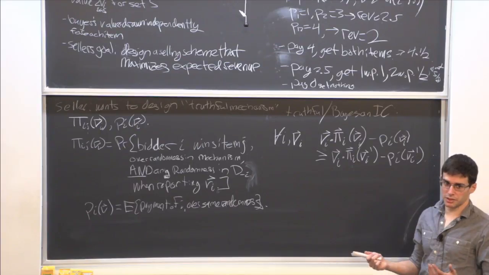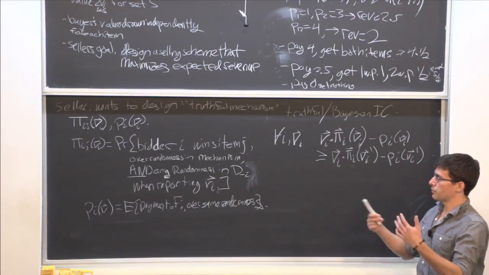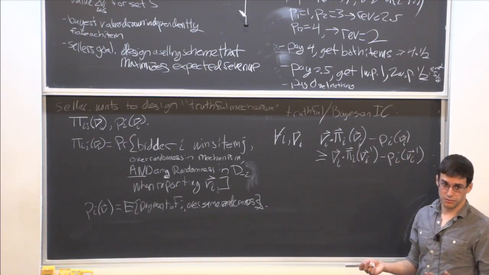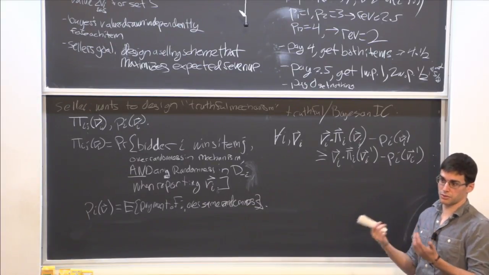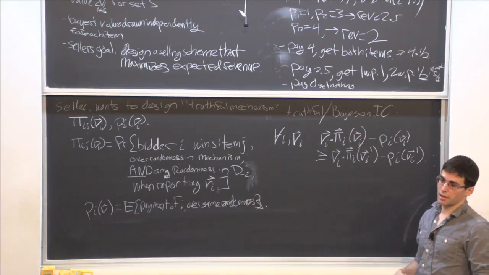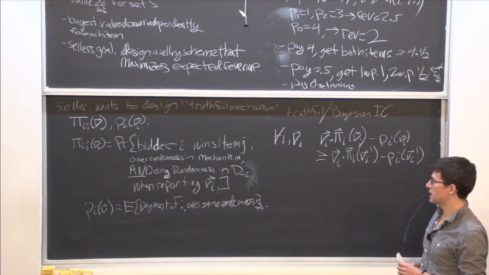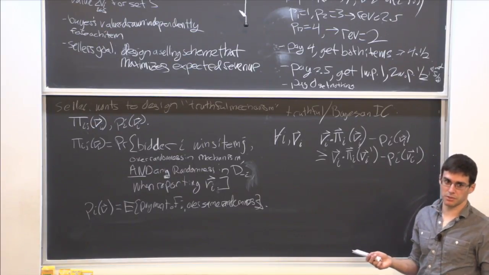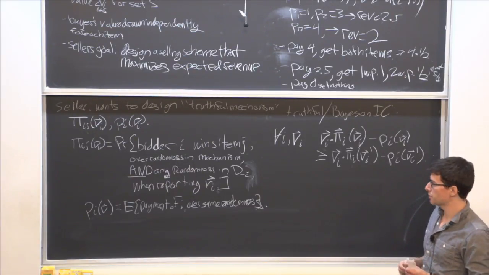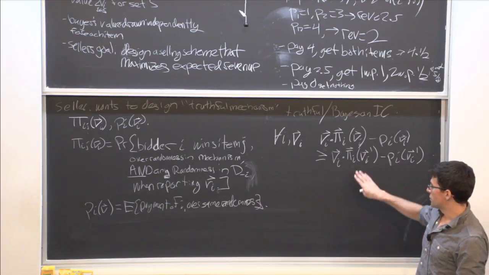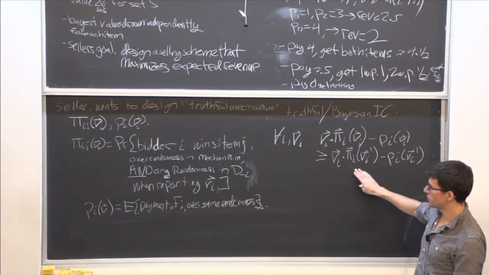I know the population. I believe that everyone else is going to report their true values. Then it's in my interest to report my true values as well. And so the formal definition would be that it's what's called a Bayes-Nash equilibrium for everyone to tell the truth. Okay, so this is what it means to be truthful.